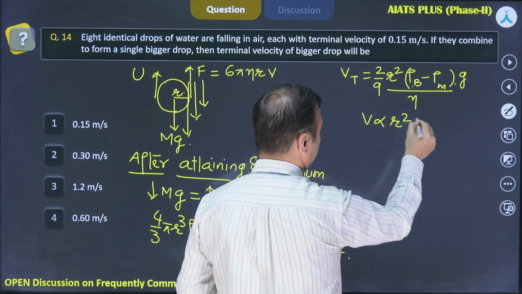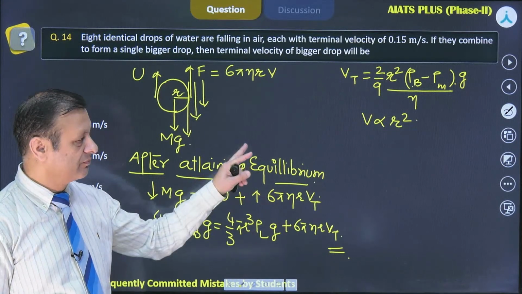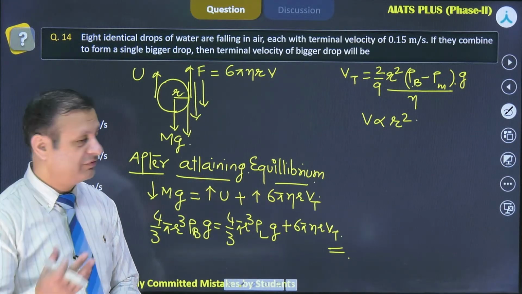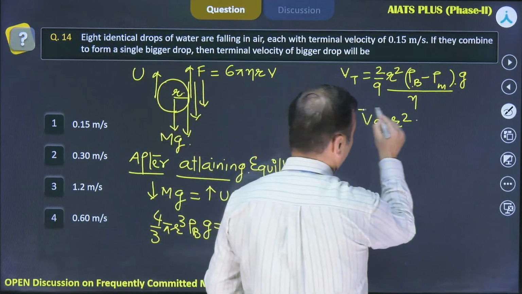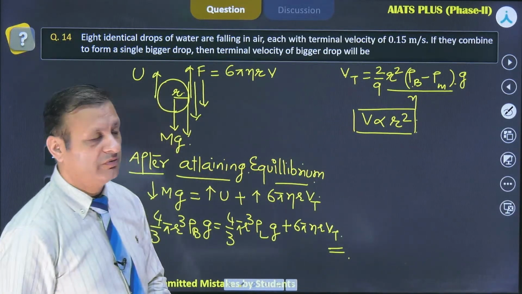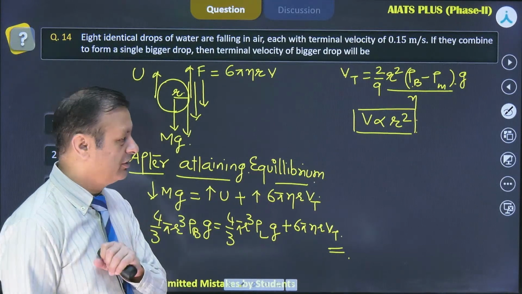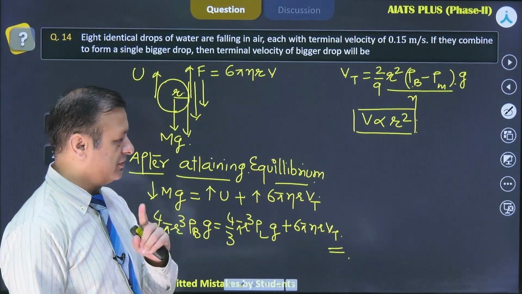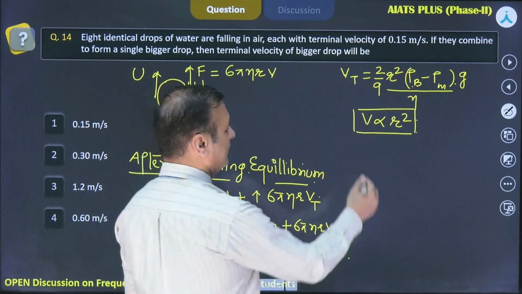Terminal speed is directly proportional to radius square, size square for this spherical body. So this is your shortcut. This is the step we are actually looking for to attempt this question in one shot, that is the objective step. Now it says 8 identical drops.